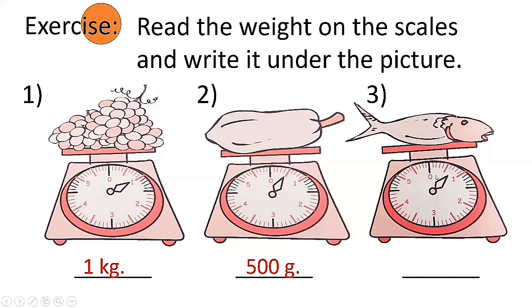Okay, so let's count by 100. 100, 200, 300, 400, 500, 600, 700. So how much is the weight of the fish? That is 700 grams.